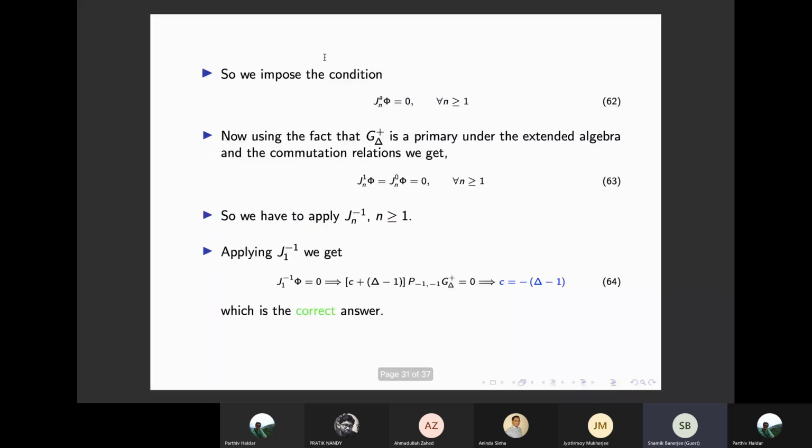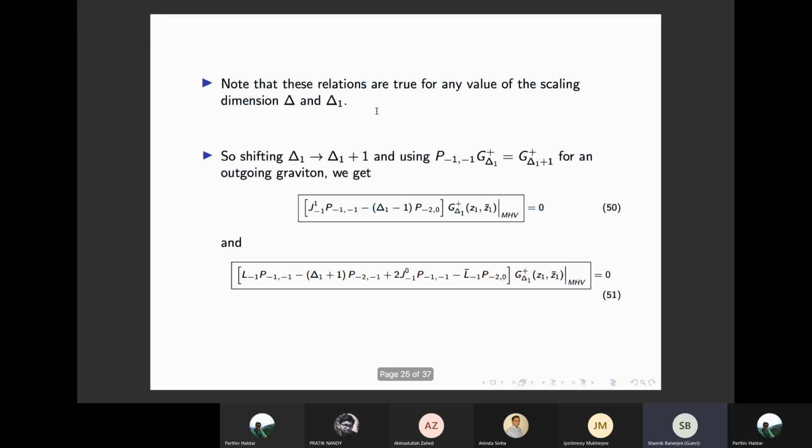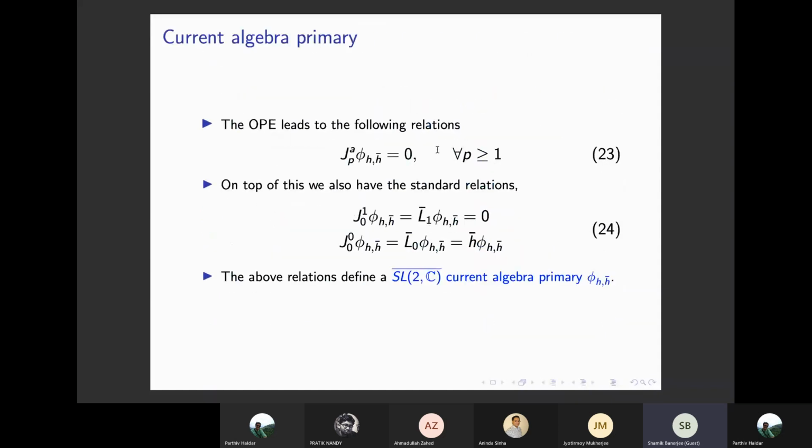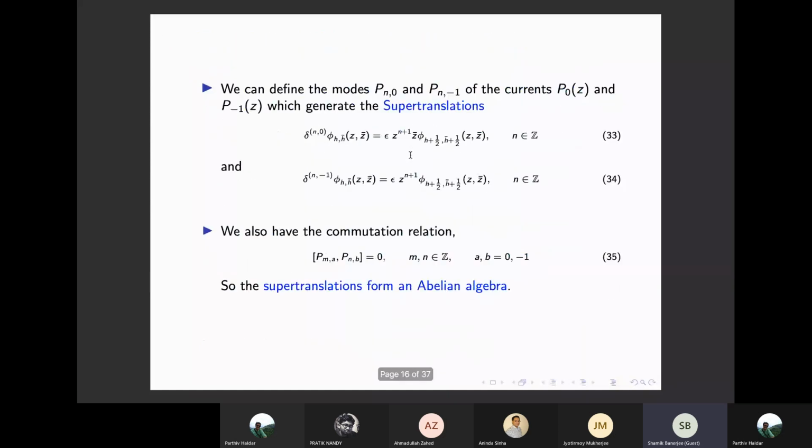So we just impose those conditions. The first condition is essentially this condition which we have here, J A P acting on phi h h bar equal to 0 for all P greater than or equal to 1. So we have to apply that condition.